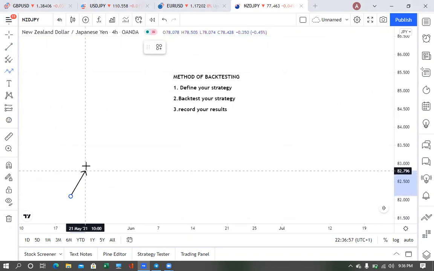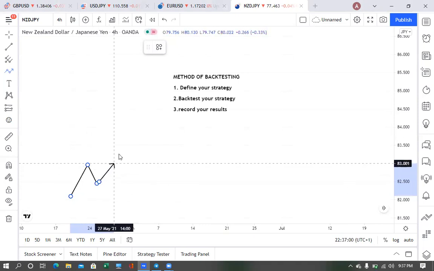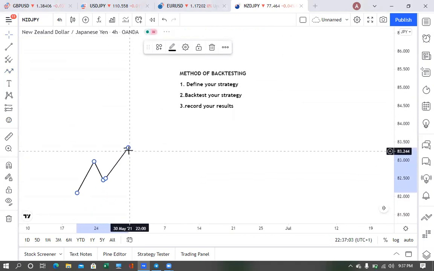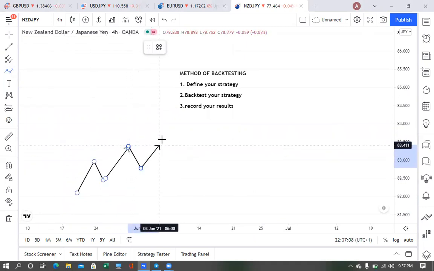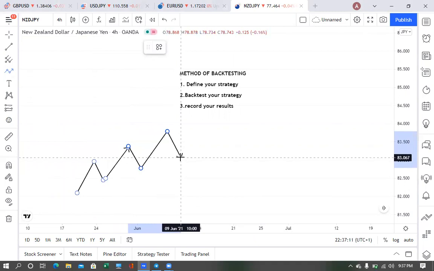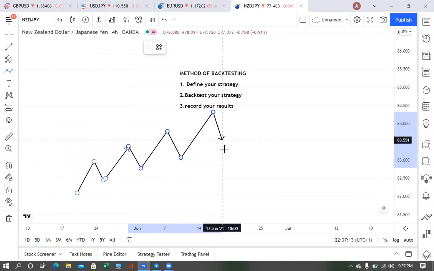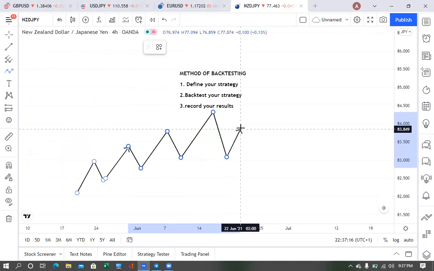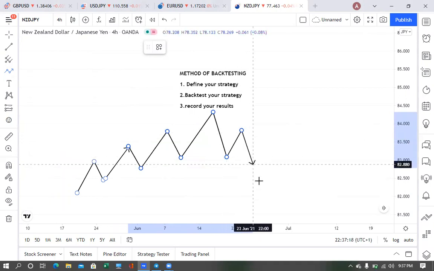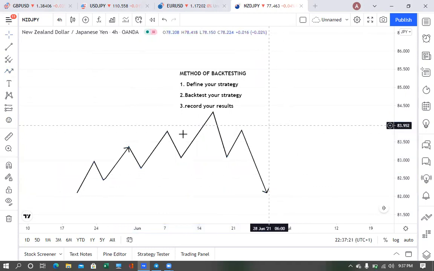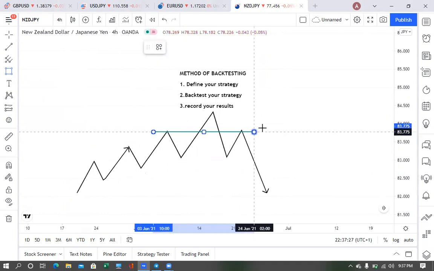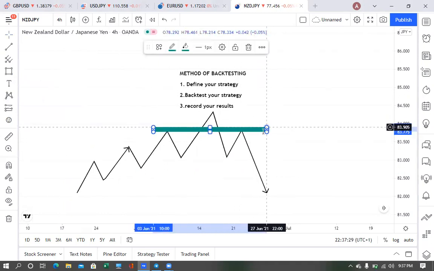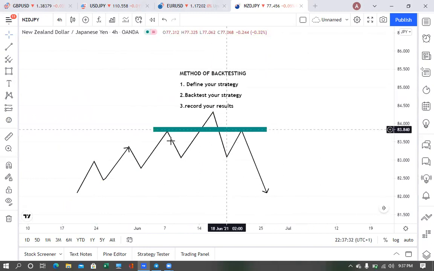For example, if we have our trend going this way, if you have the trend line going this way, and then it comes to break here, and then gives us this retest here and moves down, you see. So that is what we mean.